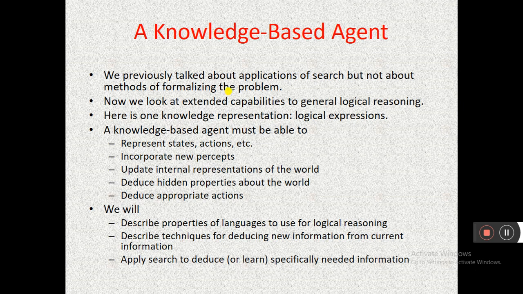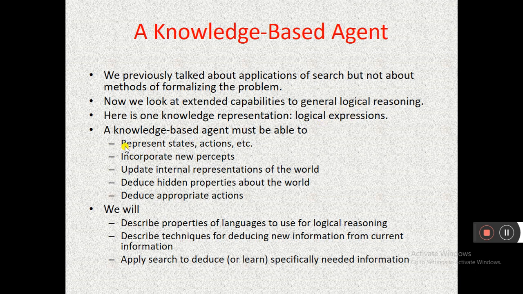But to use those techniques, we must have a formalizing way to solve the problem. Now we look at extended capabilities for general logical reasoning. Here is one knowledge representation, that is logical expression. One way of expressing the knowledge is logical expressions. So what are these logical expressions?